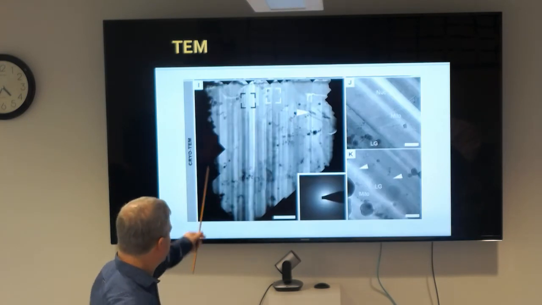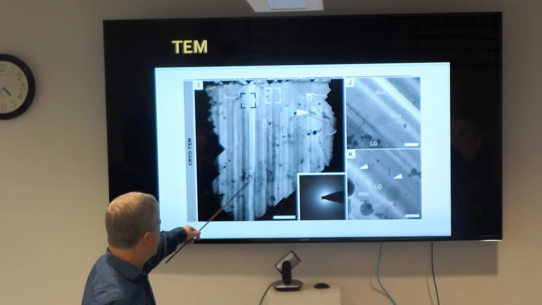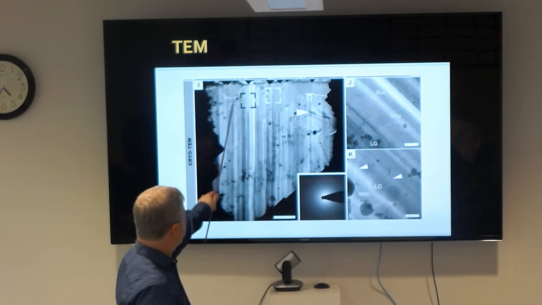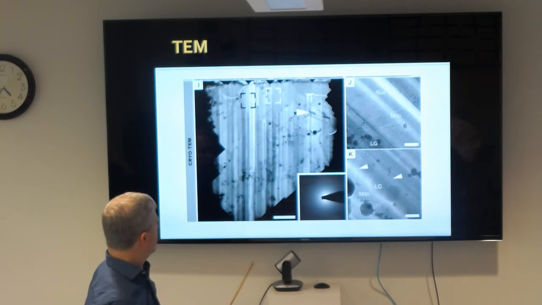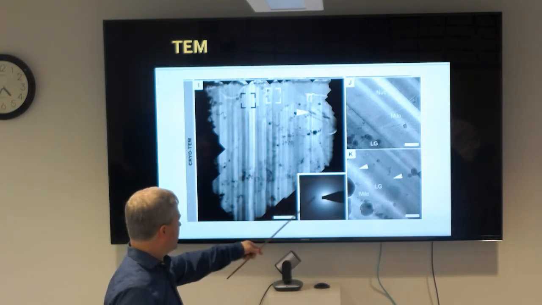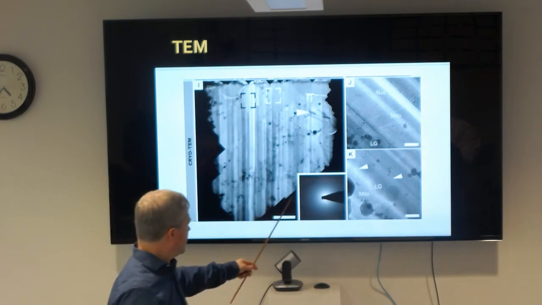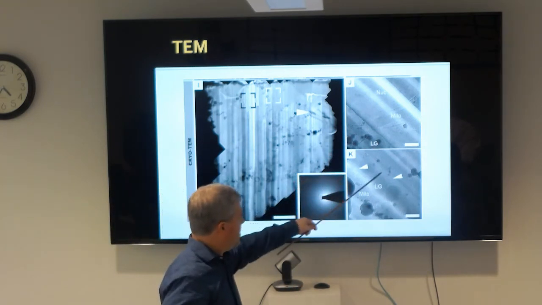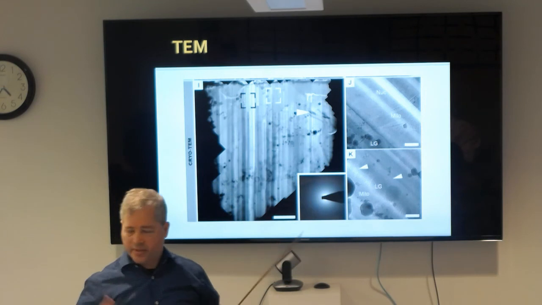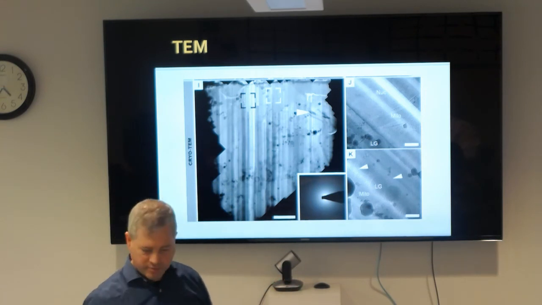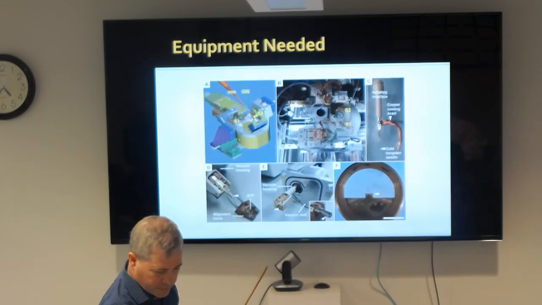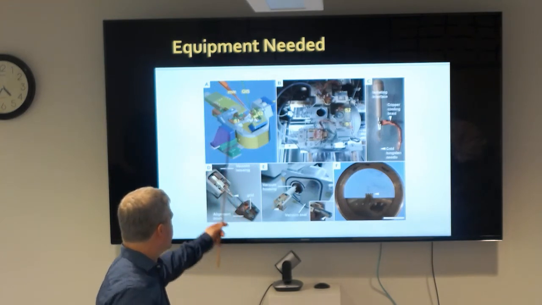This is one of their TEM images. So they did see a lot of curtaining. They looked at the diffraction of it. They didn't see any evidence of ice diffraction. But they were able to see a lot of fine details of it. So this is sort of at the edge of what you can do. The equipment needed for that was quite a bit.